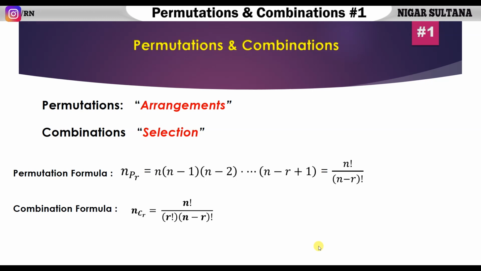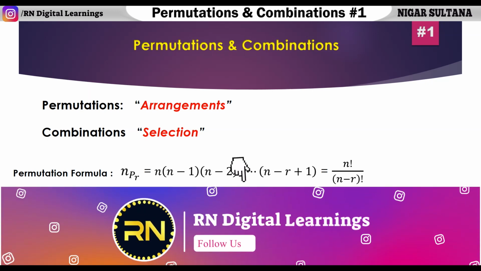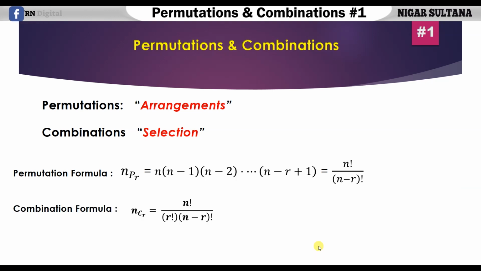Now let's see how to find the number of arrangements and the number of selections. For permutation and combination, there is a specific formula which makes it easy to solve any problem.